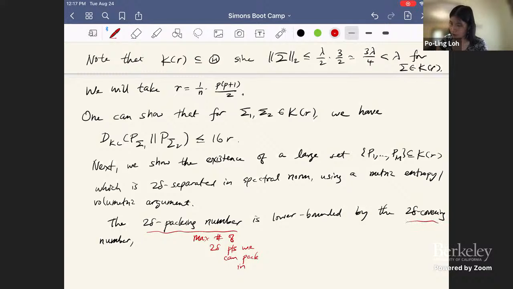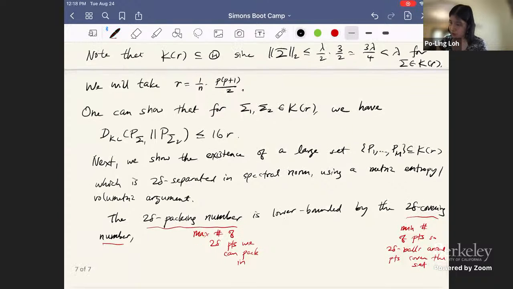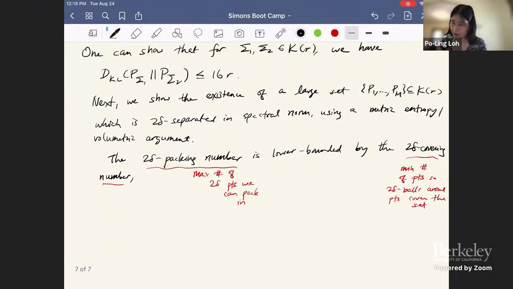The two delta covering number is the minimum number of points so that two delta balls around the points cover the set. Okay, so it's a standard result that the two delta packing number is lower bounded by the two delta covering number.